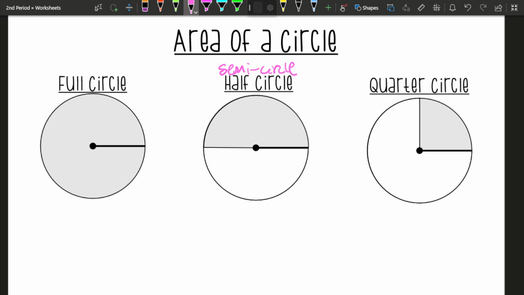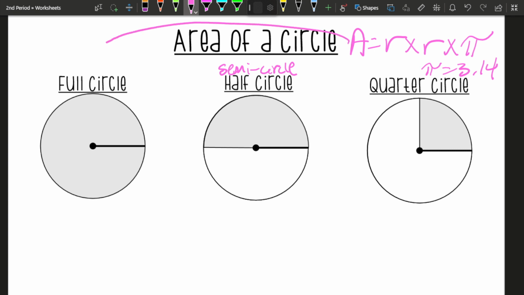And then a quarter of a circle. And remember, the formula for this is area equals radius squared times pi. We know pi equals 3.14. But that's only going to work for a full circle.